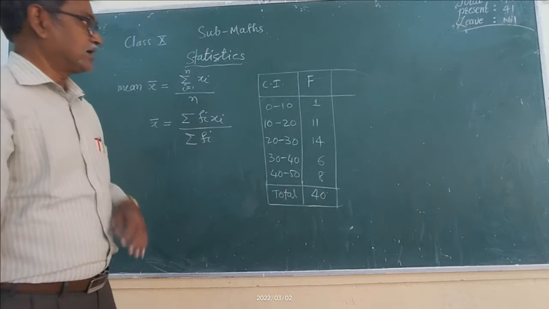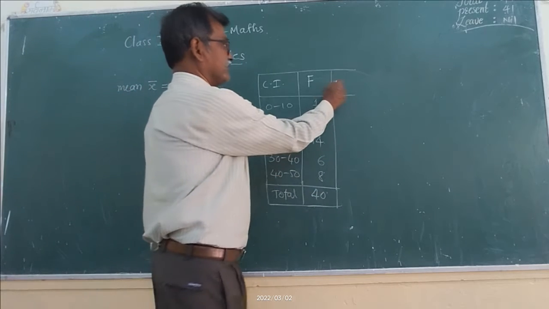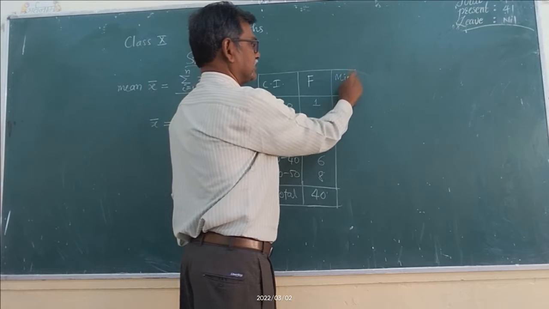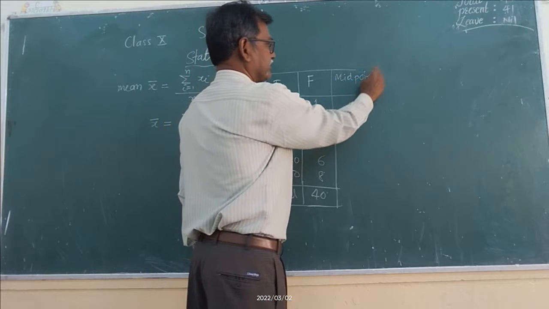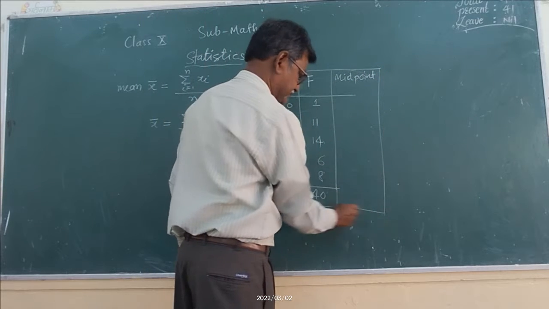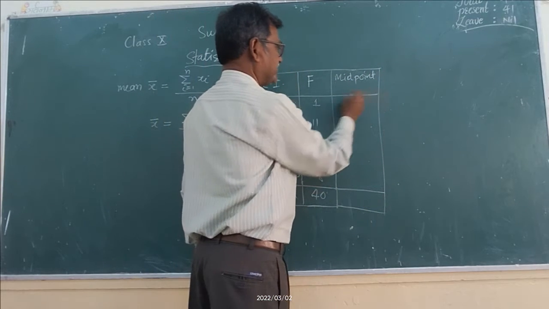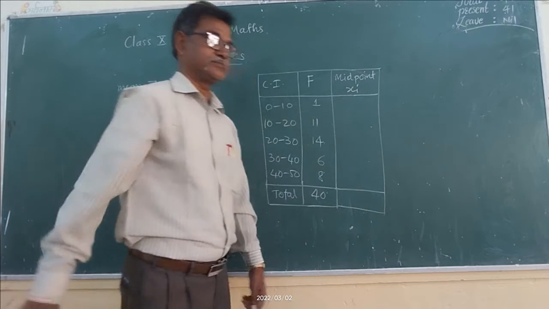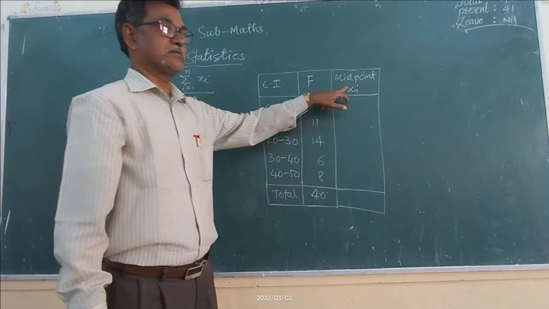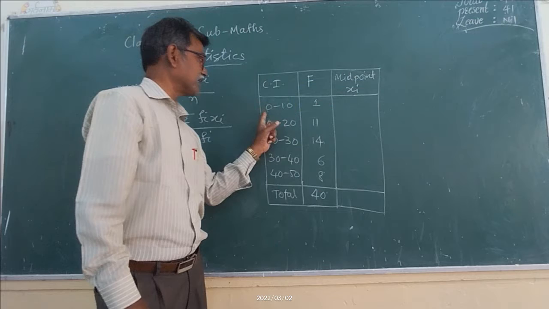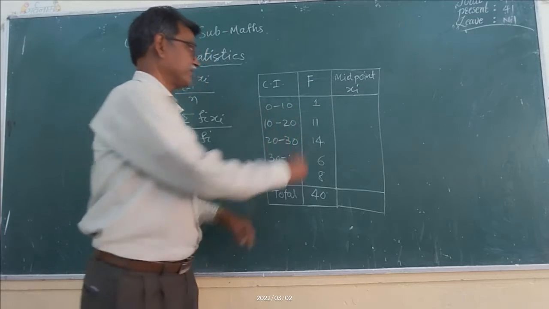Now we have to make a third column, that of the midpoint. That midpoint is known as xi. It is the class mark of the class interval. Then what is the class mark of 0 to 10? 5.